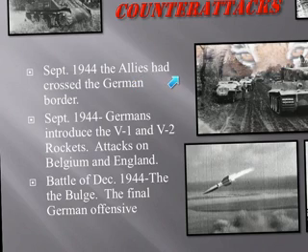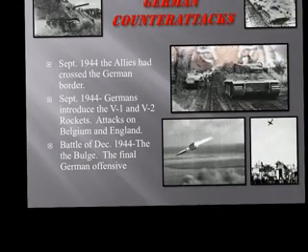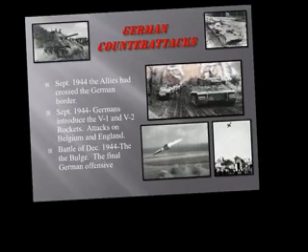June of 1944 is D-Day, but by the fall of 1944, the Germans counterattack. The Germans also launched the V-1s and V-2 rockets. And then the winter of 1944, the Battle of the Bulge, is the Germans' final offensive. Again, that is demonstrated in the Band of Brothers series.